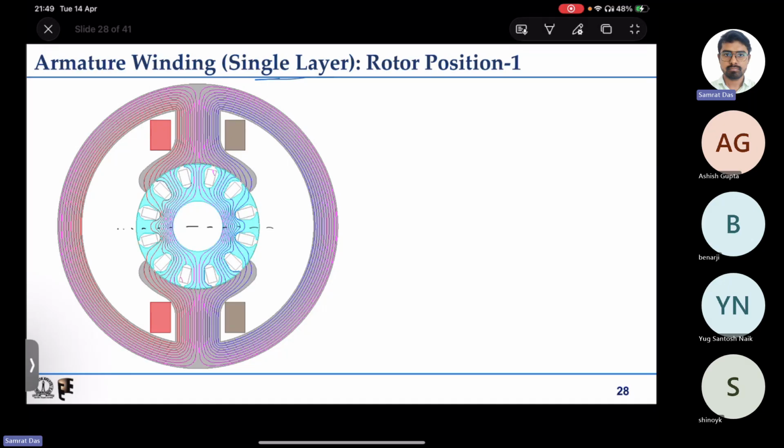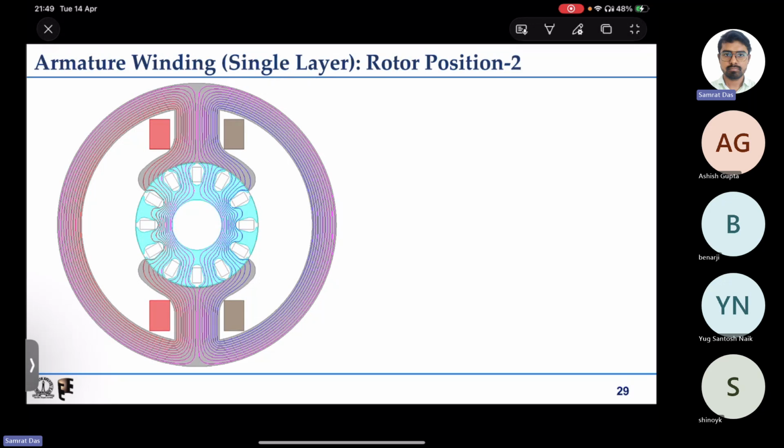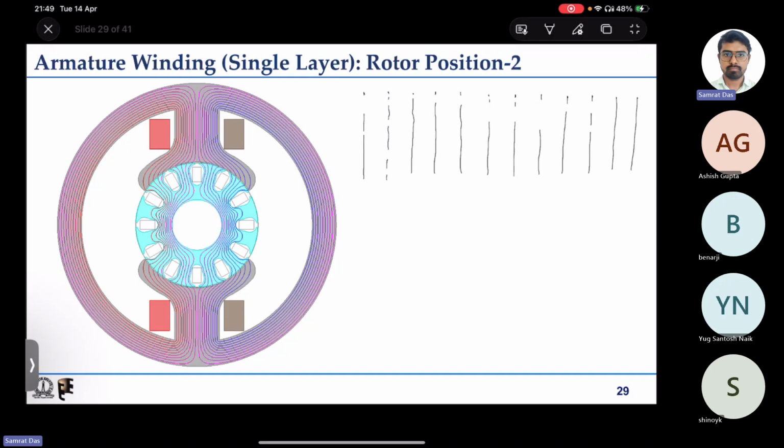Because we have 12 slots here, say this is slot 1, slot 2, slot 3, slot 4, 5, 6, 7, 8, 9, 10, 11, 12. So this is the one we have, and say we have some commutator.